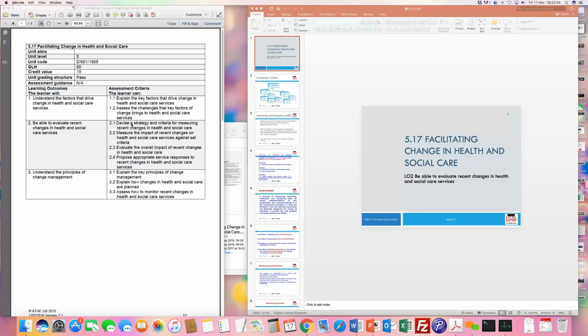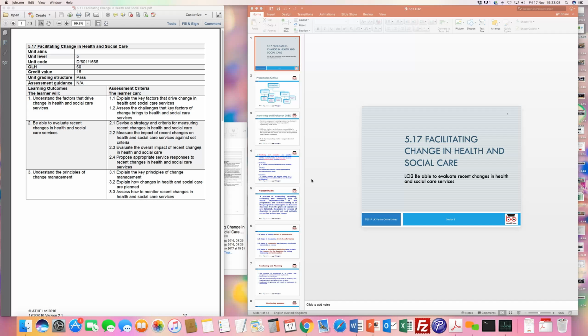We identified the changes or factors affecting health and social care, but here we are looking at evaluating how these factors are going to affect health and social care. And in effect, we will also look at how we monitor and evaluate these changes within the sector.